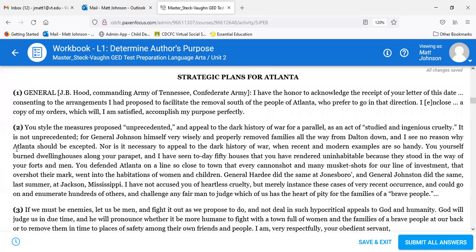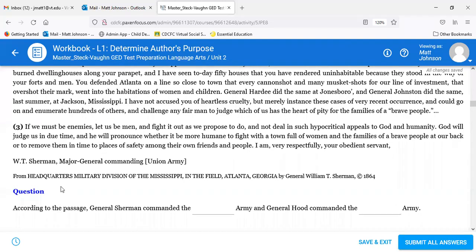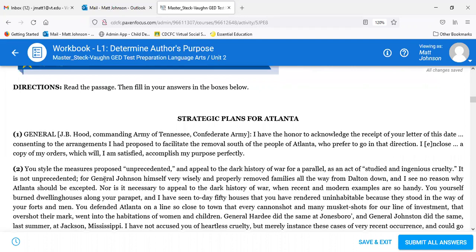Sherman. So, with the letter, we know who the audience is, right? It's probably going to be a specific person. So here, General Sherman from the Union Army, right? It says Military Division of the Mississippi in the field, Atlanta, Georgia, commanding the Union Army. And then General Hood, who's in Atlanta, is the commander of the Army of Tennessee, which is part of the Confederate Army.